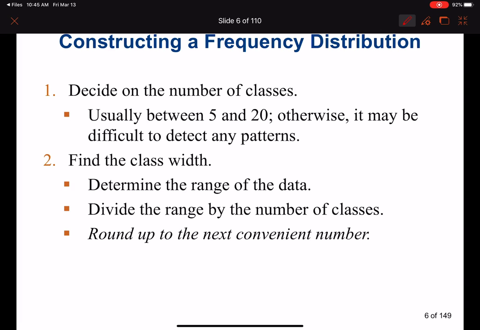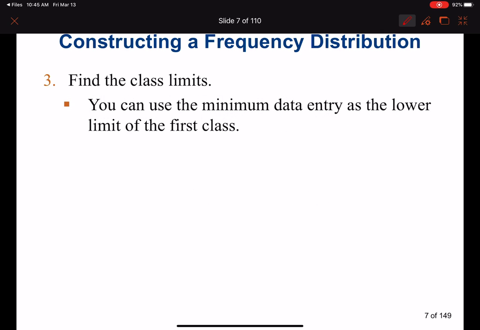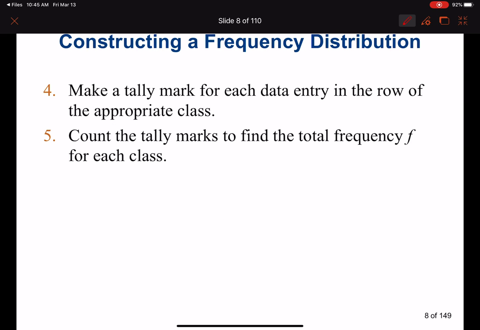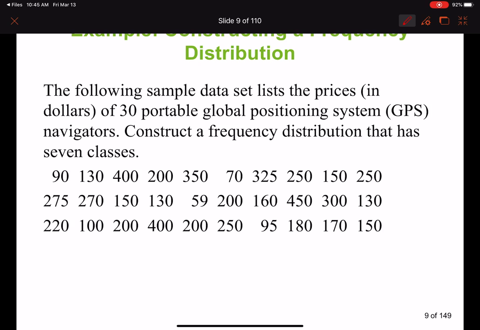Later, once I start constructing a frequency distribution, you will see I'm following these steps anyway. Those are all the steps. You also have the PowerPoint presentation in your files. You can download that file and take these instructions from there also.